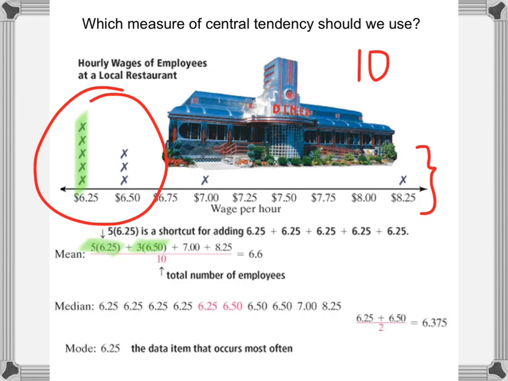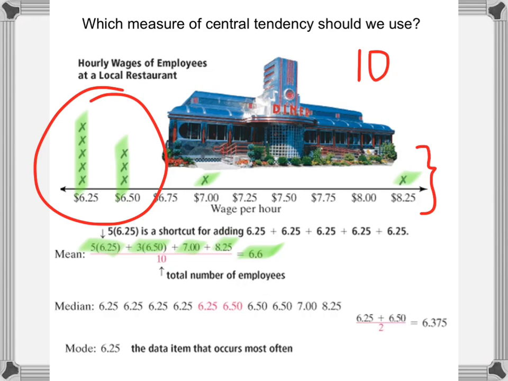Then they took $6.50 and multiplied it by 3 because 3 employees received $6.50. Then $7, they could multiply that by 1 or just leave it as $7. And $8.25 gets you that X right there. And they divided it by 10, and they got $6.60.